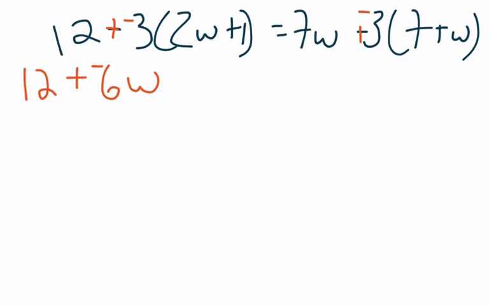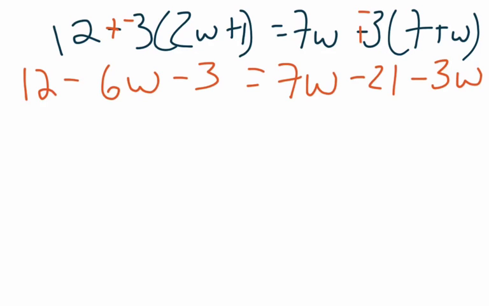And then negative 3 times 1 is negative 3. I'm going to keep it as subtraction because that's where I'm more comfortable, and I think that's where most of you are as well. On the right-hand side, bring down the 7w. Negative 3 times 7 is negative 21. And negative 3 times w is negative 3w.